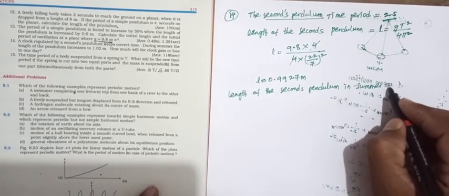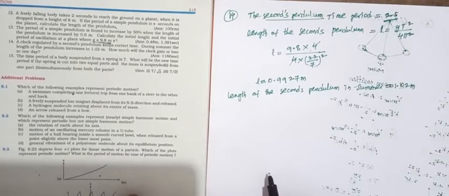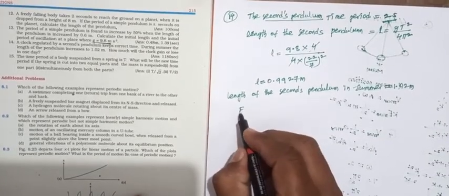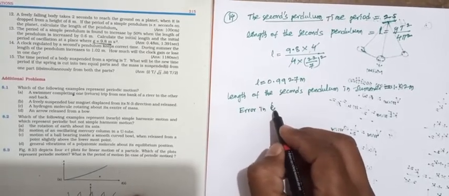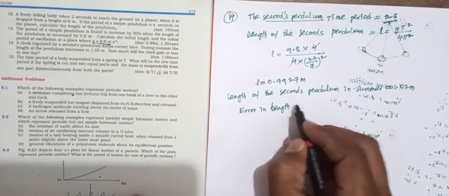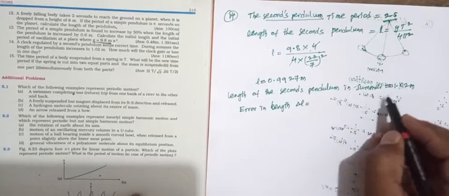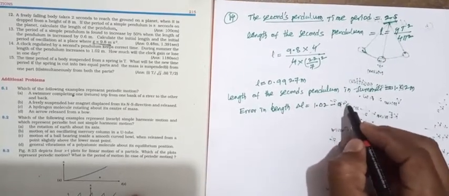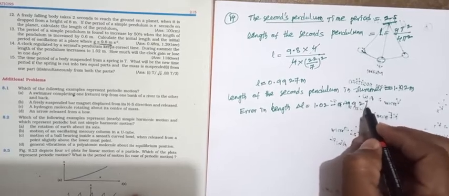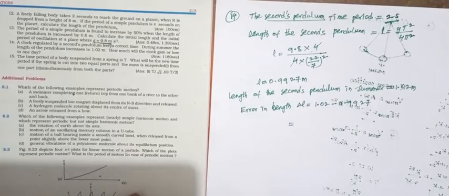So in summer it is given as 1.02 meters. What is the error in length? The error in length, delta L, equals 1.02 minus the initial length 0.9927, so what is the value here?